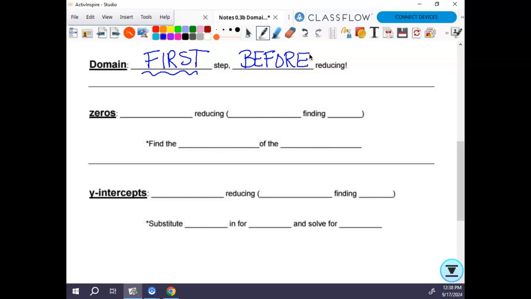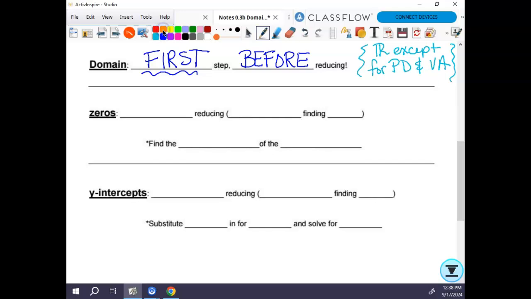And basically, your domain is going to be all real numbers except for point discontinuity and vertical asymptotes. Okay? That's the general rule there. That's not how we're going to write it, but that's how you can think about it.